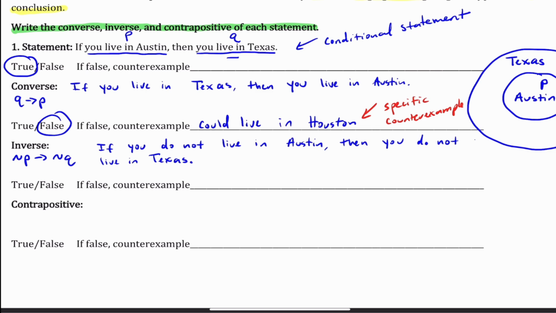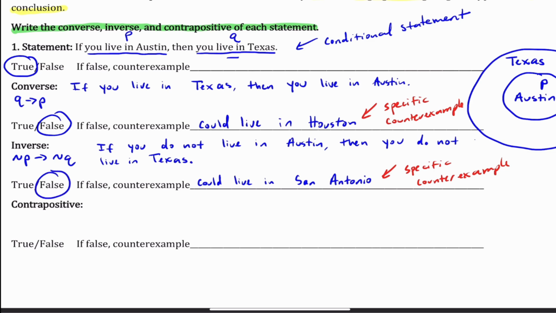That's because I could live in San Antonio. And again, this is a very specific counterexample. So that means that this statement here is false.